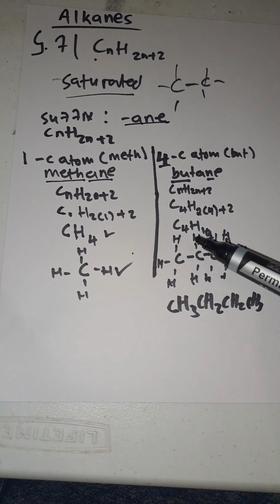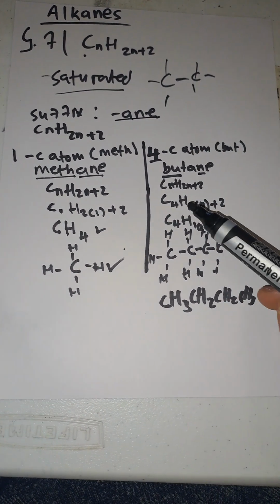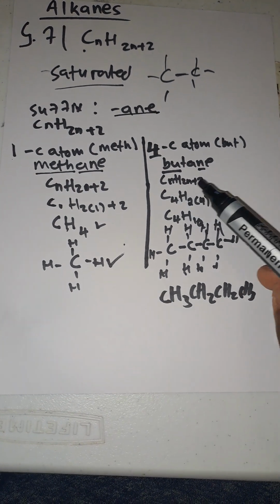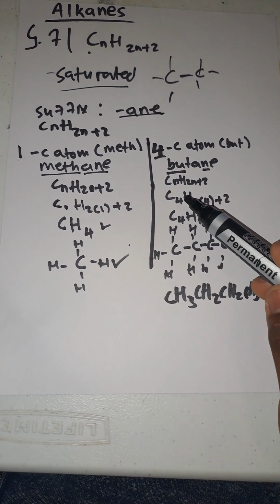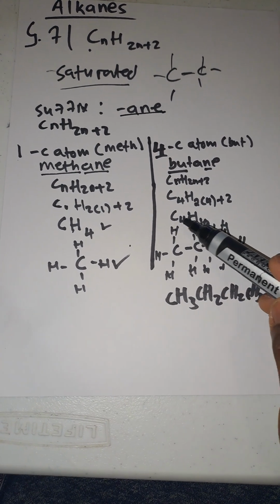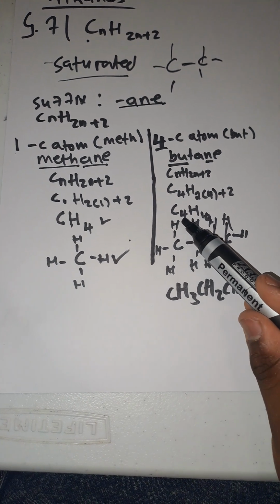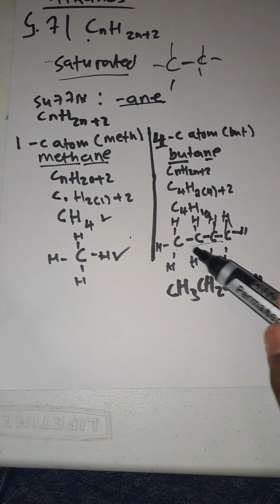Then to form a molecular formula, I use my general formula, CnH2n+2, where I put 4 for n. Then 2 times 4 is 8, plus 2 is 10. C4H10.